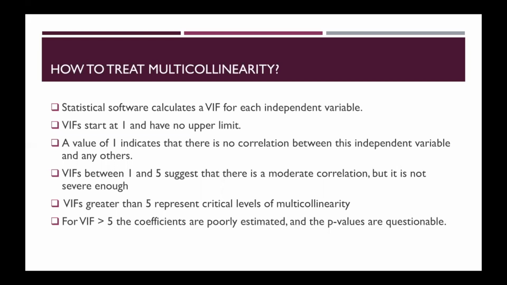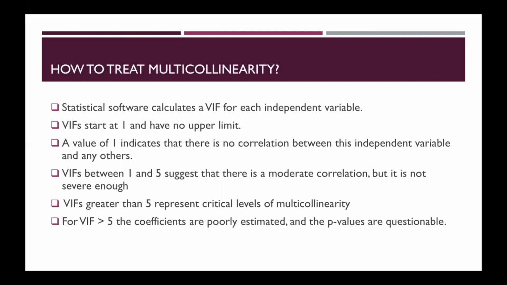Now, how to treat multicollinearity. We have some inbuilt libraries which we can use to find the VIF factor for each of the features in our data set. The statistical software calculates a VIF for each independent variable.